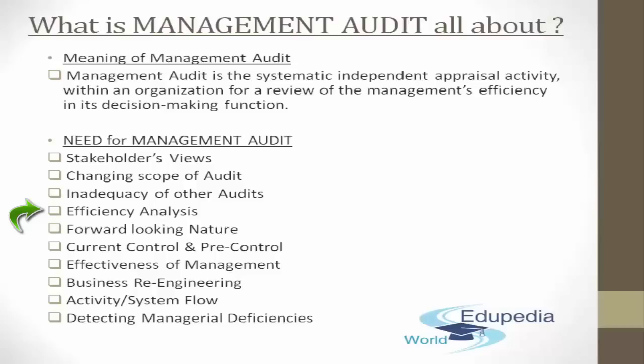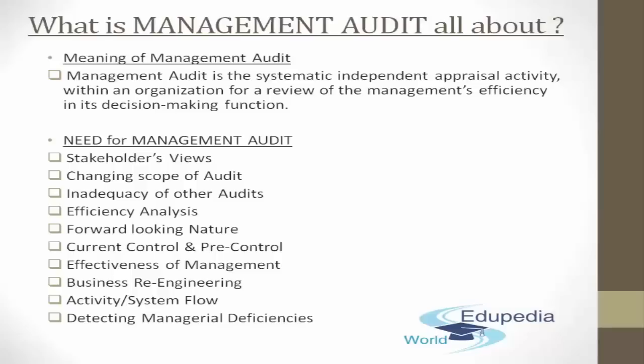Again, usually what happens is audit is for something which has already happened in the past, and you are reporting what has happened in the past and your analysis on the basis of that. So this is again a distinction created with management audit as compared to other audits. Other audits are backward looking in nature, okay, but this is forward looking in nature. Management audit is always forward looking.